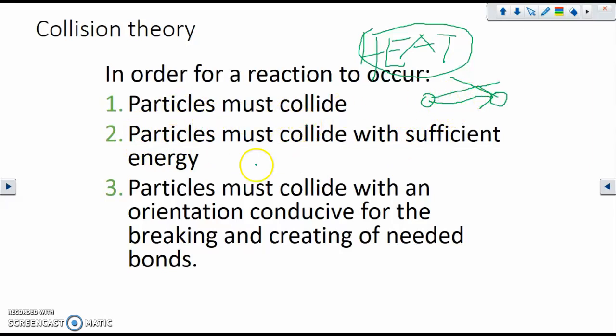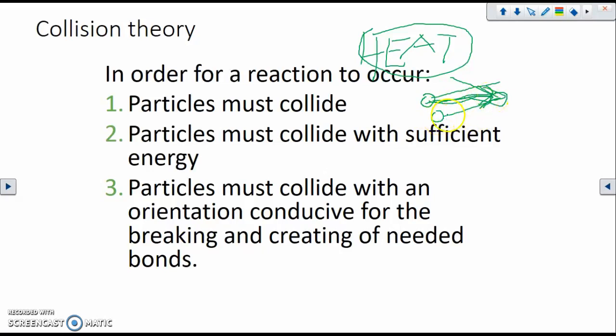Now, number three is not really directly correlated to heat, but there's a roundabout way to think about it. The frequency of collisions increases with more heat. Even if the orientation is not correct when two particles collide, because of heat the number of collisions between them becomes greater.